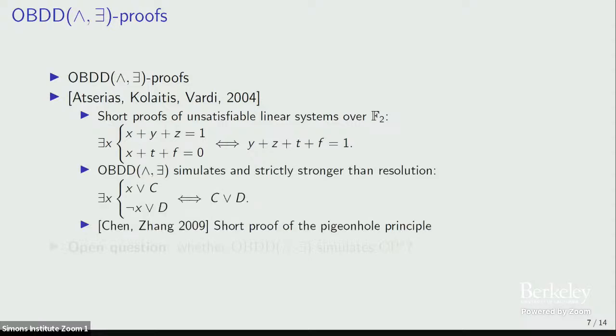Also, this proof system simulates resolution, because the resolution rule is also just the conjunction of two clauses and the computed projection rule. And it is known that there is a short proof of the pigeonhole principle.